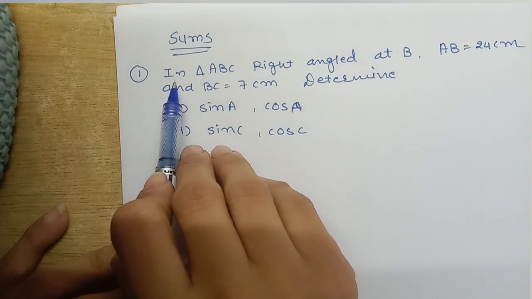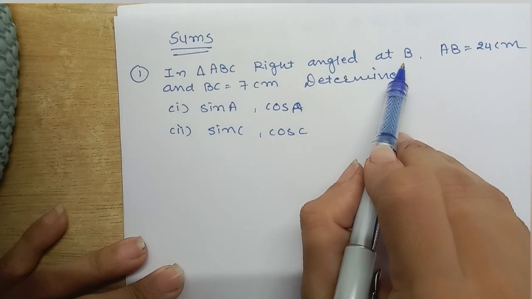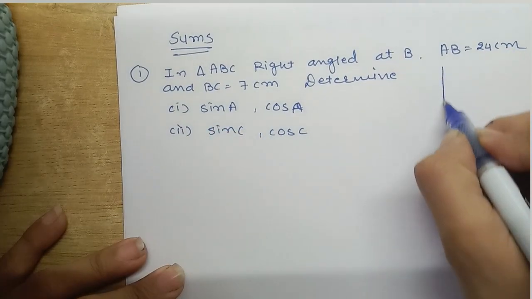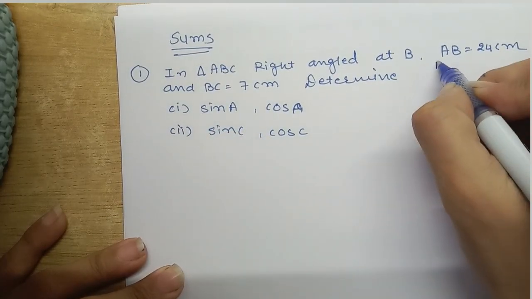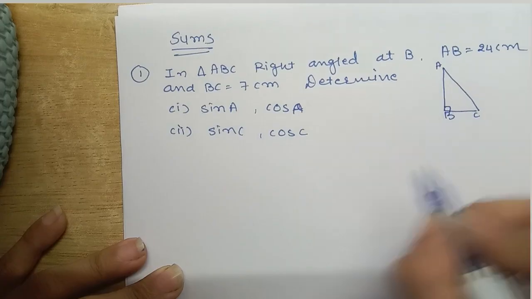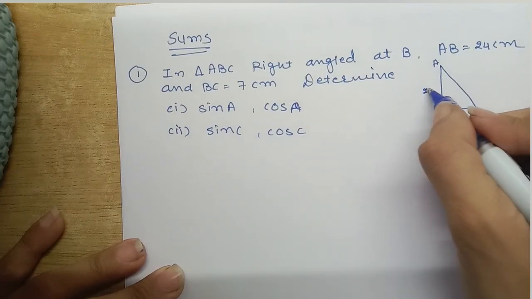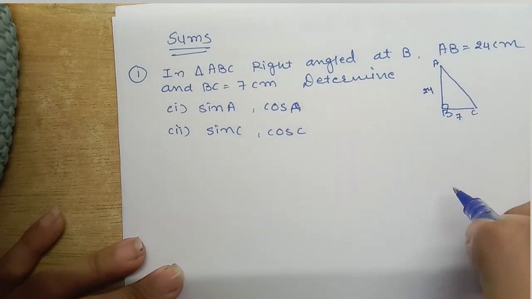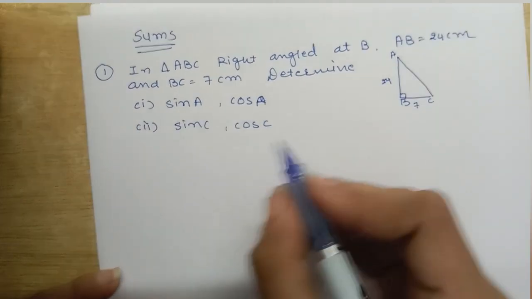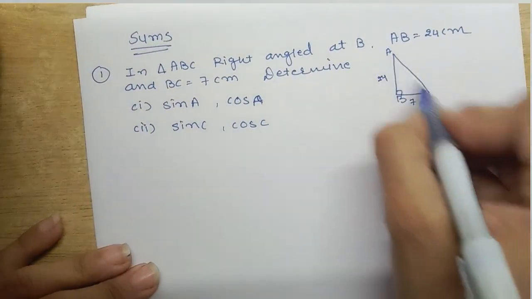Question number 1. In triangle ABC, right angle at B. AB is 24, BC is 7. Now first we will find out by Pythagoras theorem the length of AC.